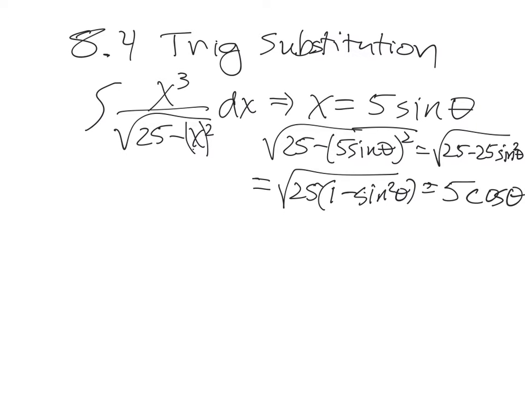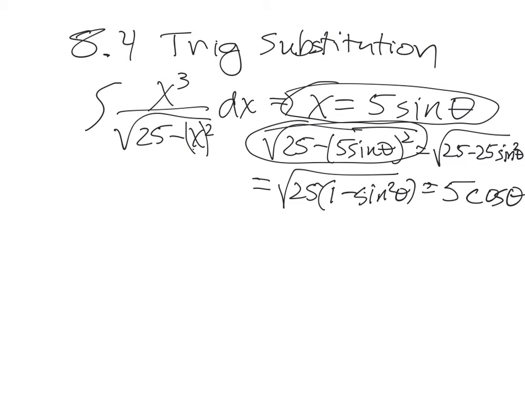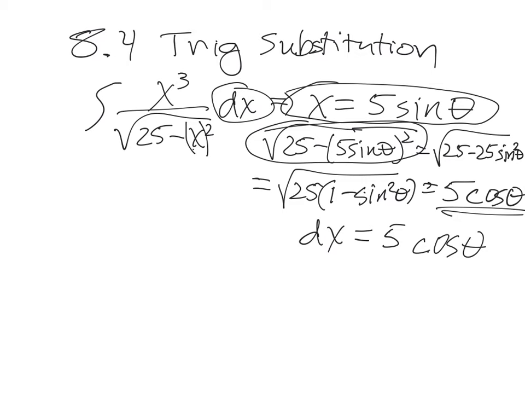So if you want to put that on your note card as well, if you choose x to be 5 sine theta, then this part right here, you can go ahead and substitute directly into that. And the other substitution we need is your dx would be 5 cosine theta as well.